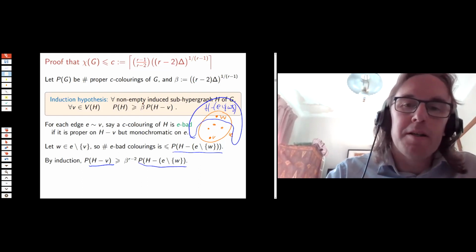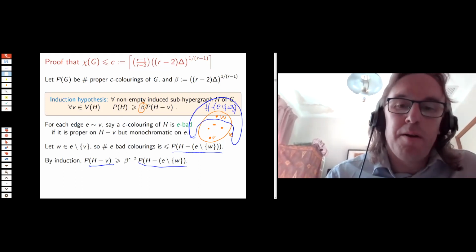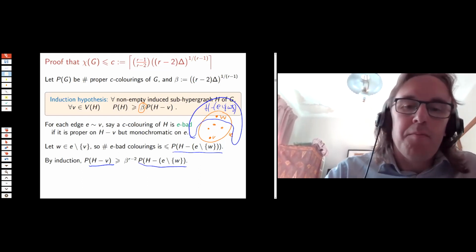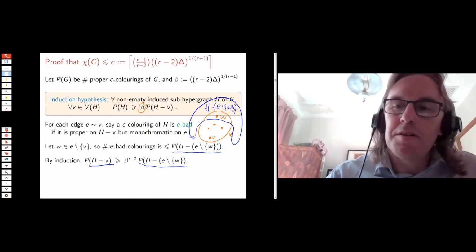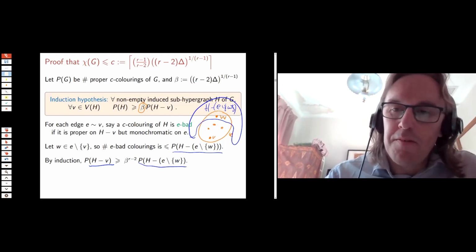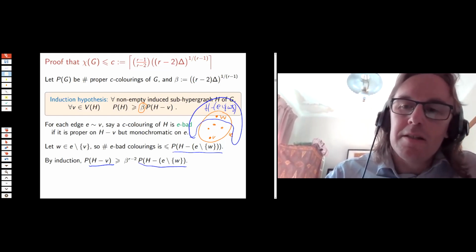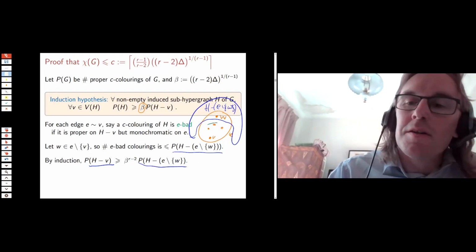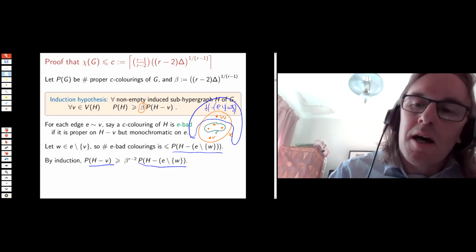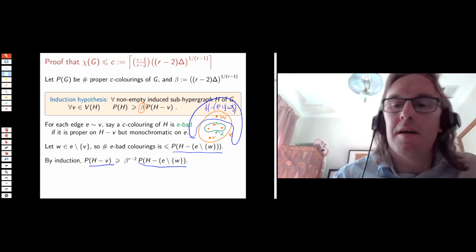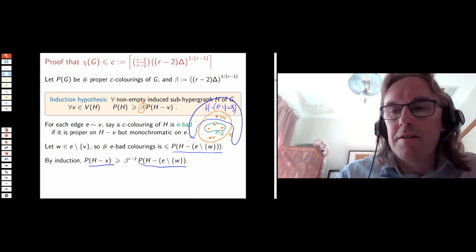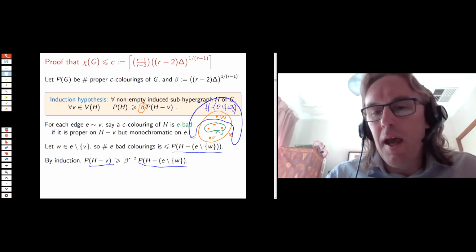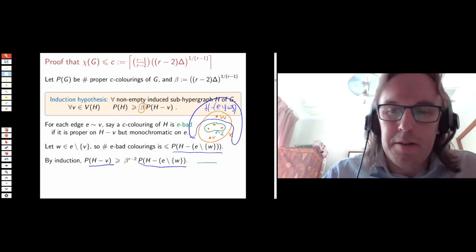Well, I'm applying induction, and I claim I can apply it R minus 2 times, because to get from H minus V down to what's in the blue graph in the picture, I have to delete these R minus 2 vertices. There they are. There's R minus 2 vertices there. And I apply induction R minus 2 times, deleting those vertices in the green circle, and I get this inequality here.